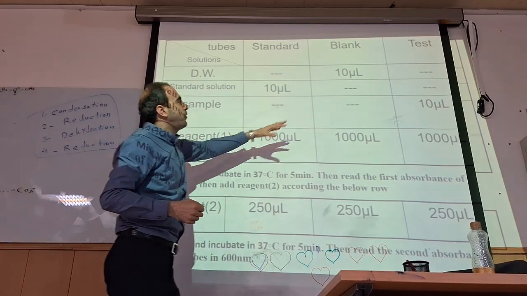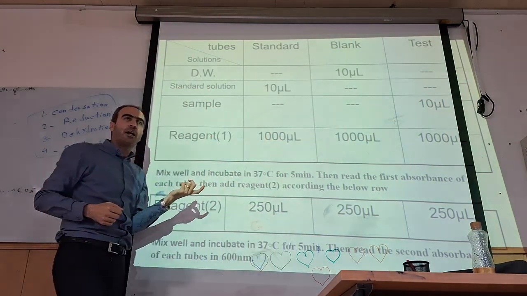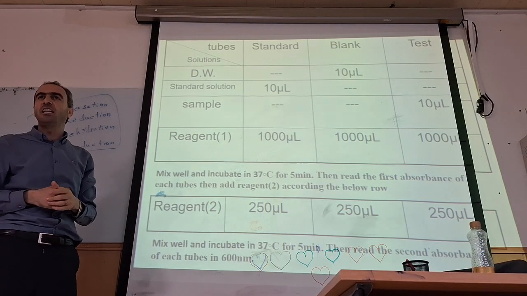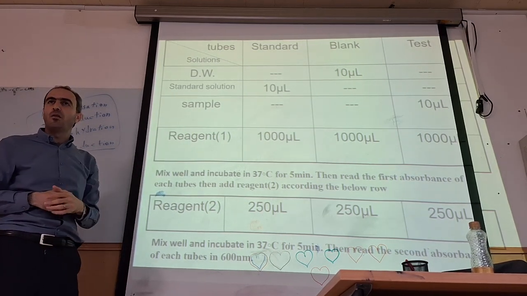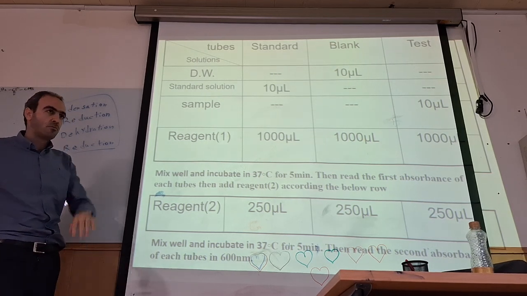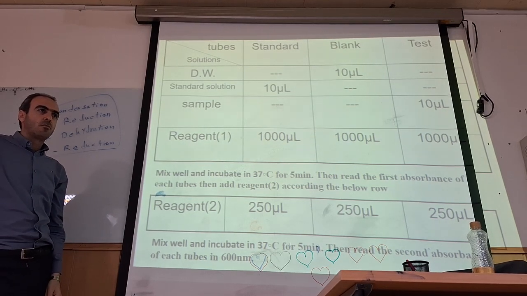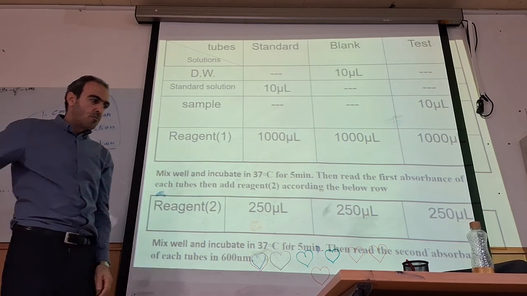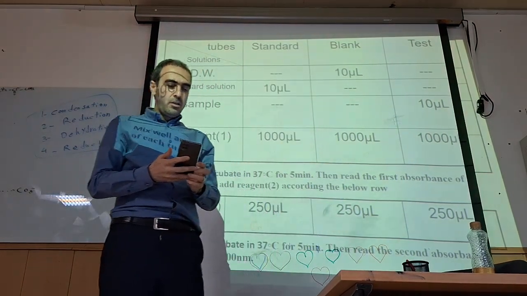In all of these three tubes, you will add 1,000 microliters, or 1 milliliter, of reagent number 1. How will we add 10 microliters of water then? Because the pipettes in the lab are like 2 milliliters.